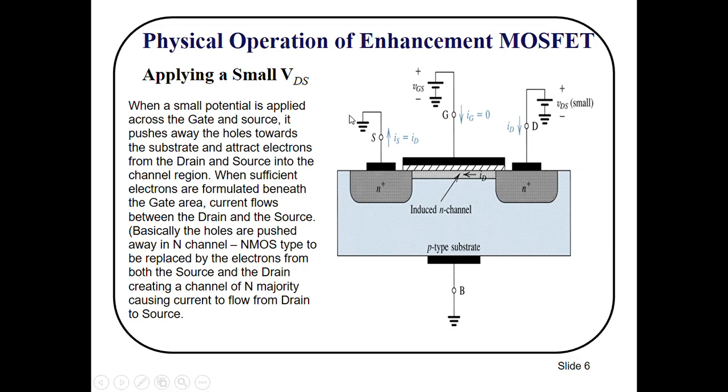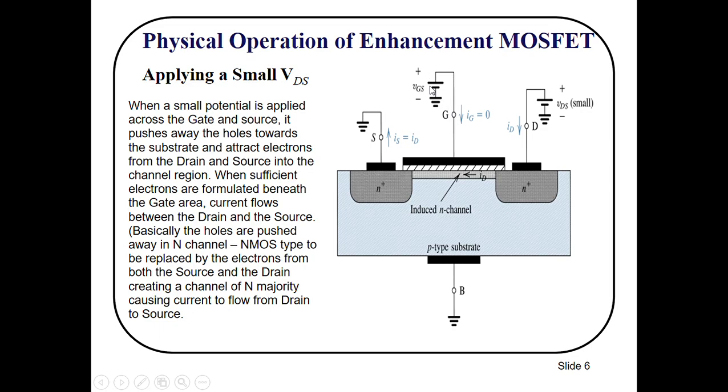Here you can see that we are applying a small VDS. First your source is grounded and you have applied some gate voltage here, and you have applied some drain voltage here. This Ig is always 0 because the gate is connected to this channel region via an insulator.